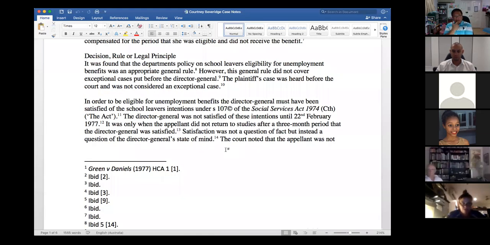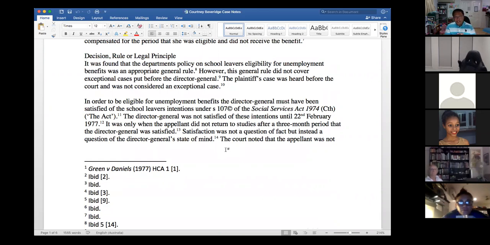The problem I have here is that it's a bit too factual. It doesn't tell me what the relevant rules or legal principles are. In fact, the facts did not say that there was a problem with the regulations being contrary to the statute.